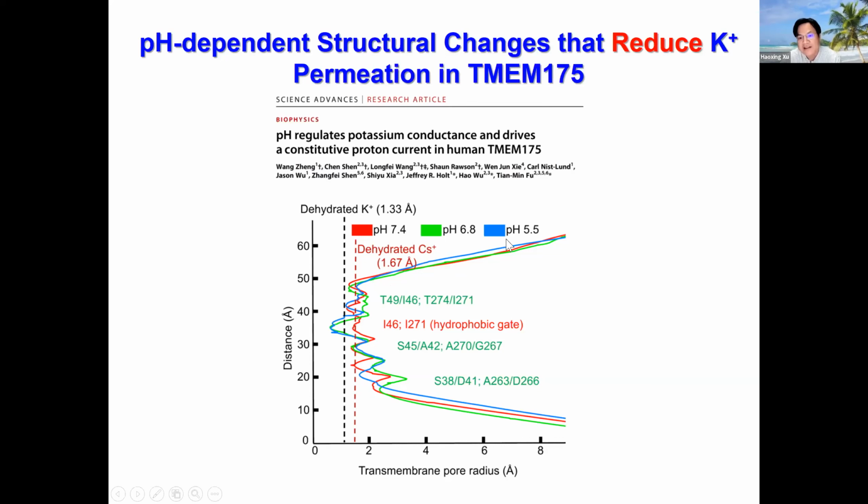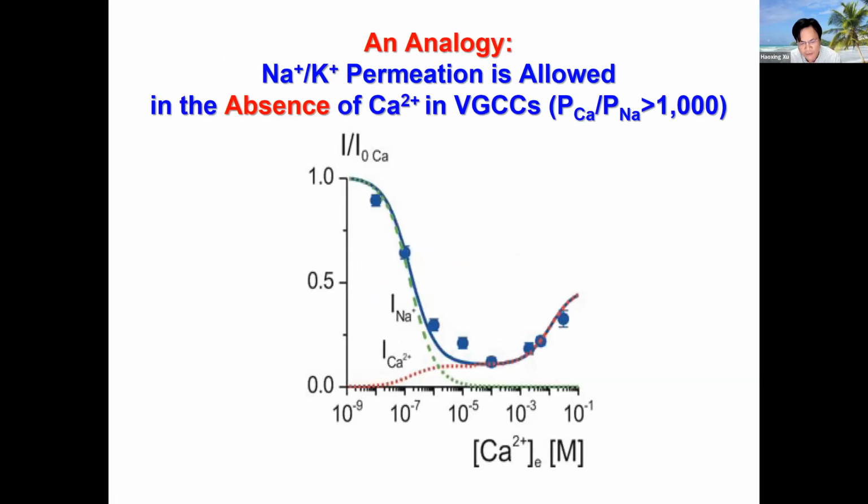So here's an analogy. For voltage-gated calcium channels, which are very selective for calcium, sodium or potassium really cannot pass under physiological conditions. But when you remove all the calcium, the sodium and the potassium can actually pass happily, probably even more happily than calcium. So T175 can be a potassium channel, but in the lysosome, proton beats potassium.